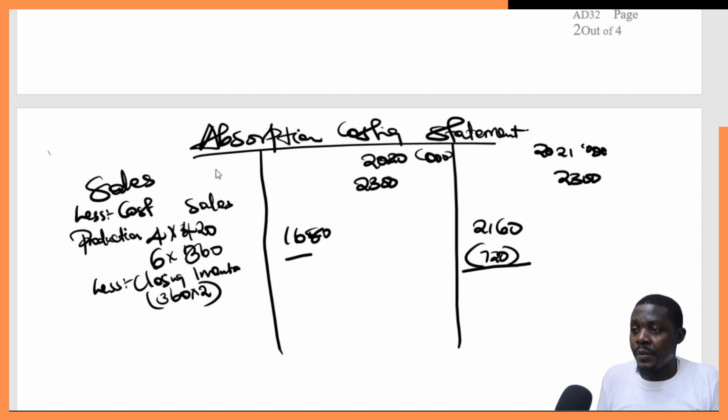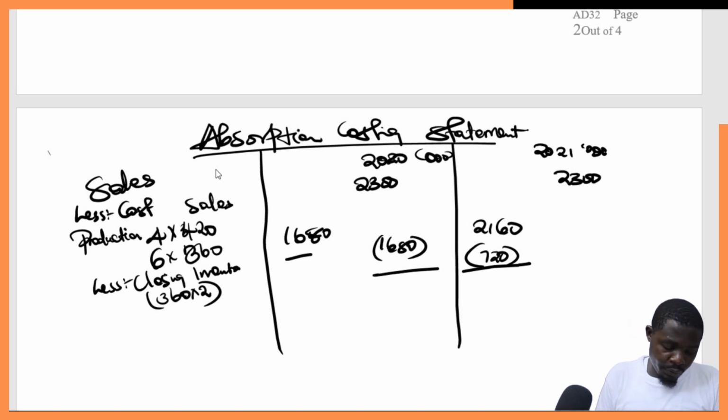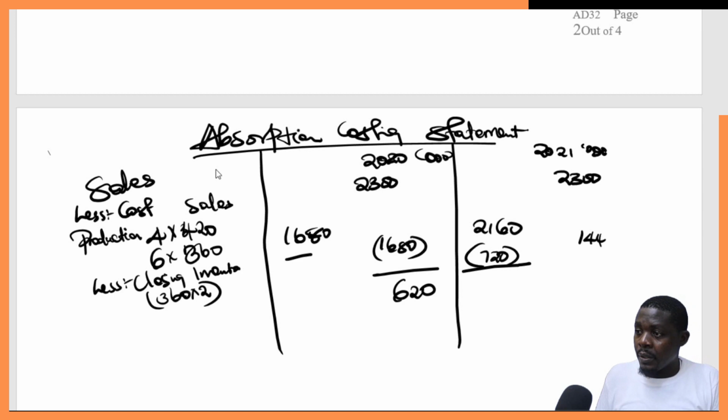Here with minus, we get 1680. 2300 minus 1680, we have 620. And then we have 2160 minus 720, we have 1440.